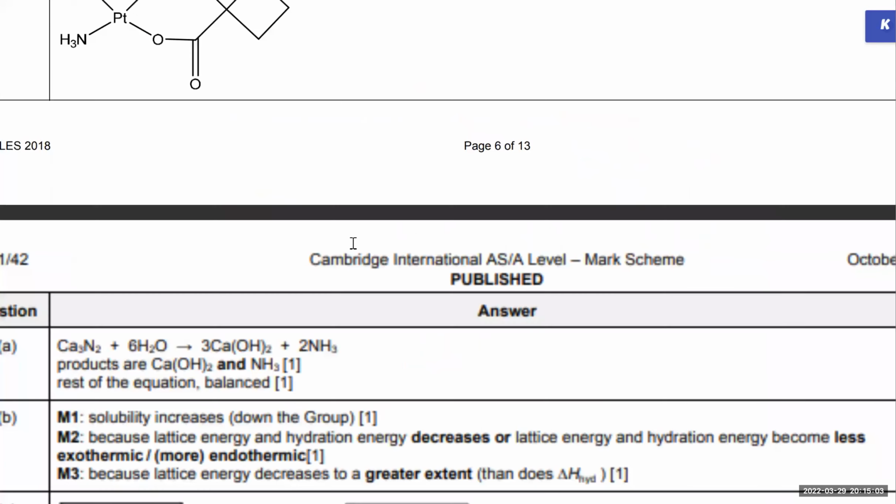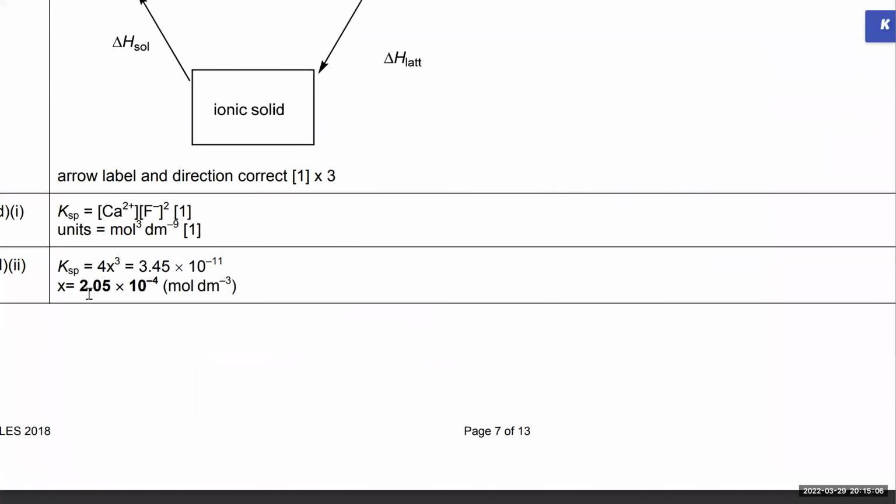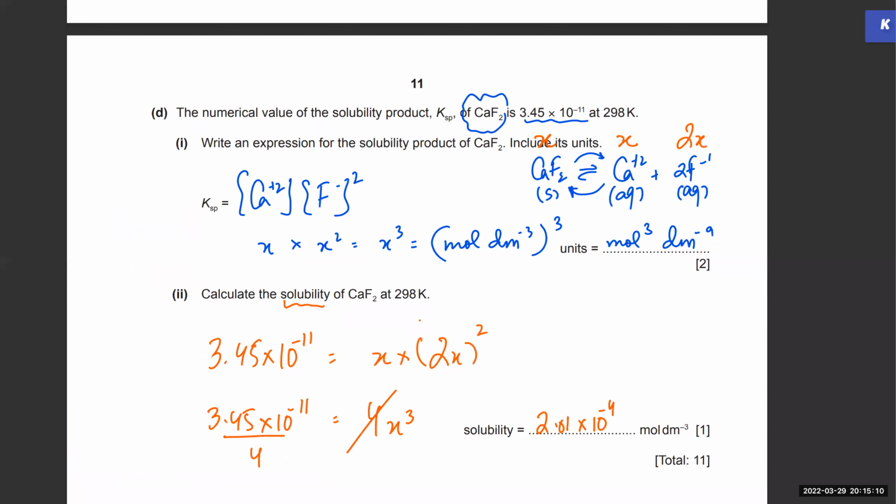We can check the answer. It's 2.05. So that's 2.05.